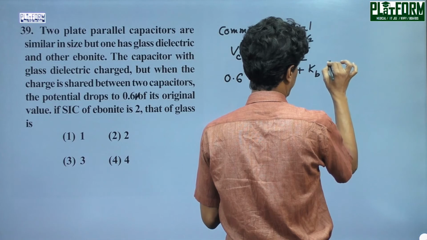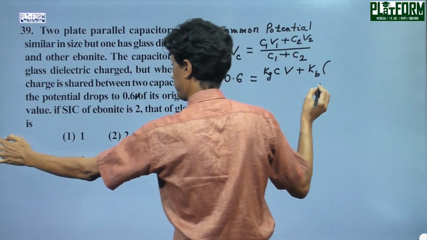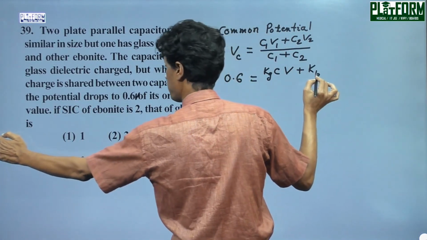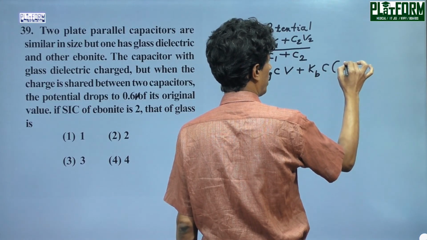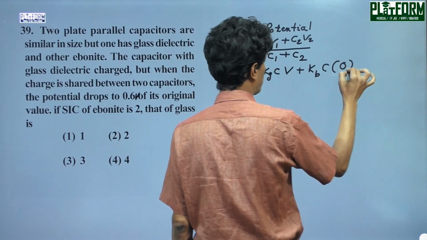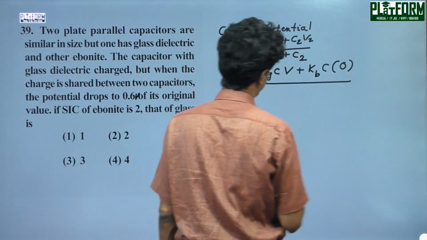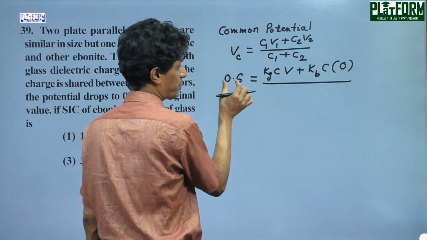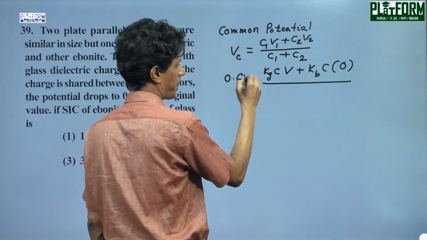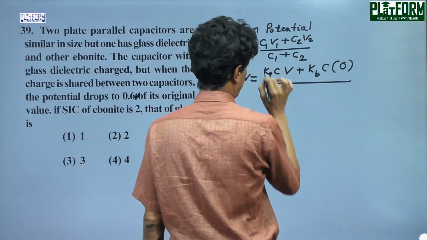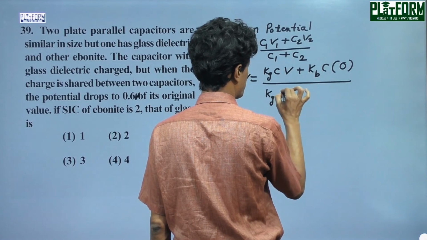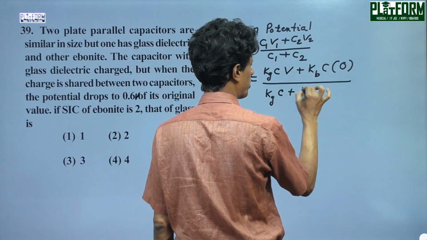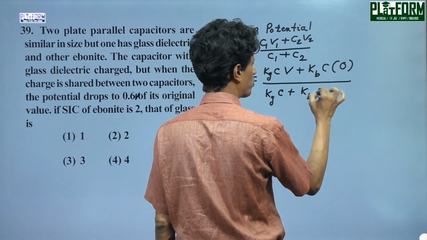The capacitance of this is C, and potential before sharing is 0. After sharing the potential is 0.6 V, and the capacitance here is Kg C plus the capacitance of ebonite, Kb into C.